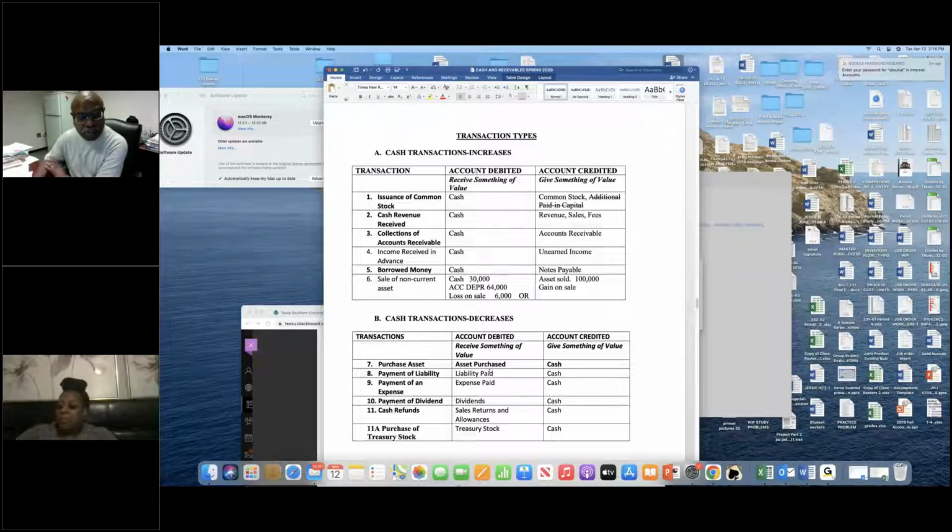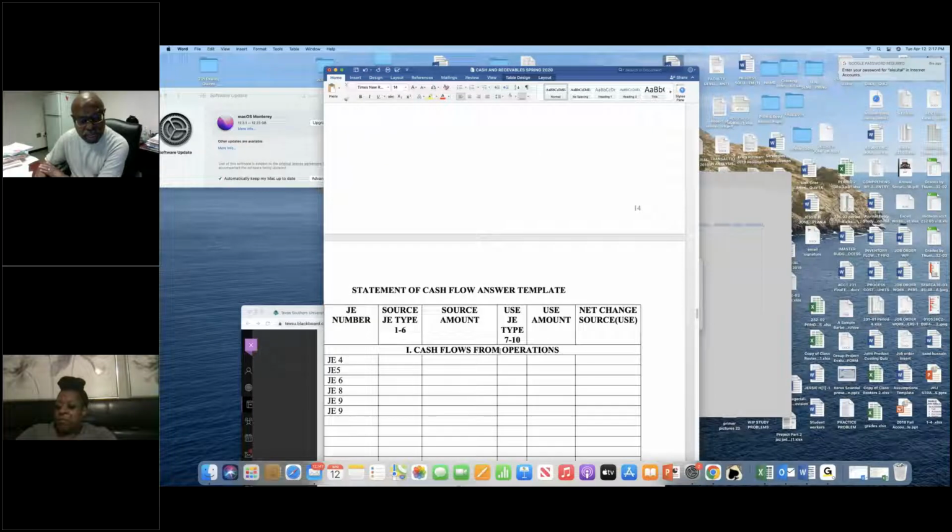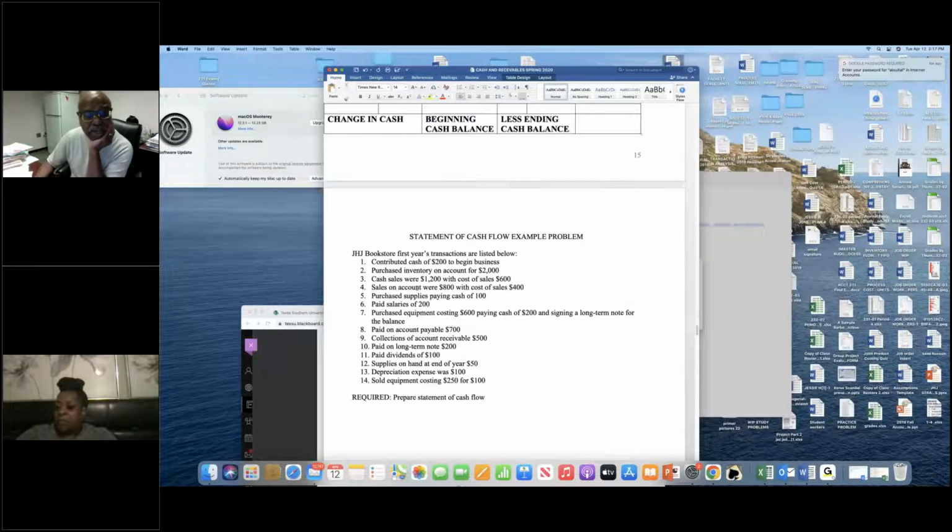We're not going to use it. So to prepare the cash flow statement, we look at the journal entries. And if they're 1 through 11, they're going to go on there. If they're not 1 through 11, they don't go on the cash flow statement. And there are places that they go.